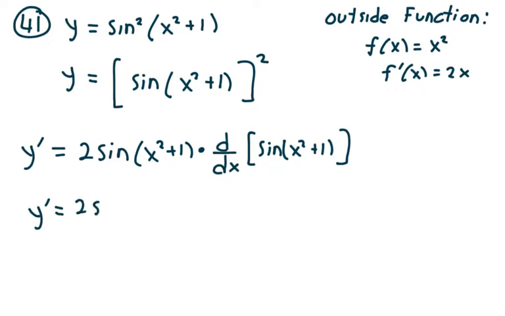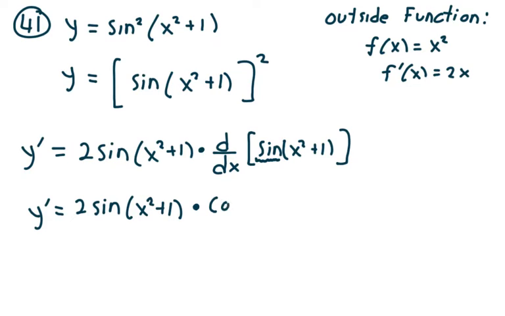And so here I get 2 sine of x squared plus 1 times. Now, the outside function, inside function dynamic changed. The outside function here is the sine. So the derivative of the sine function is the cosine function.